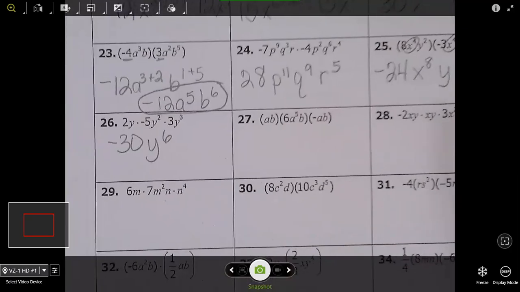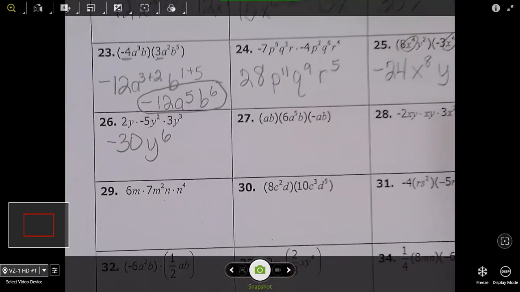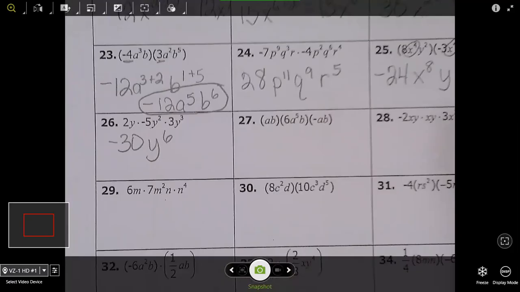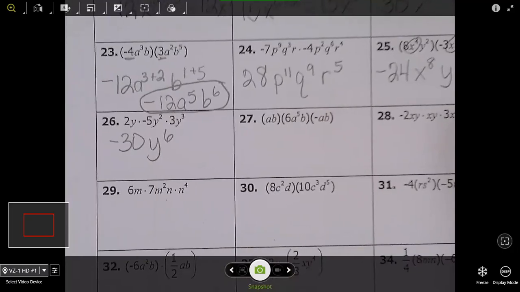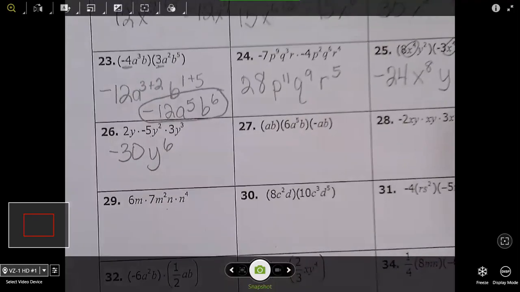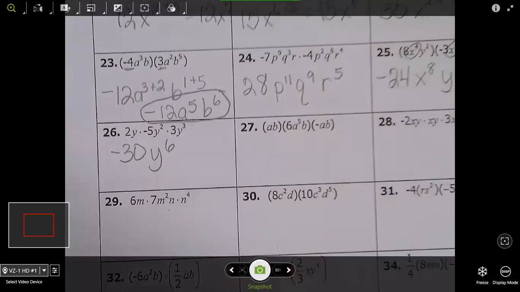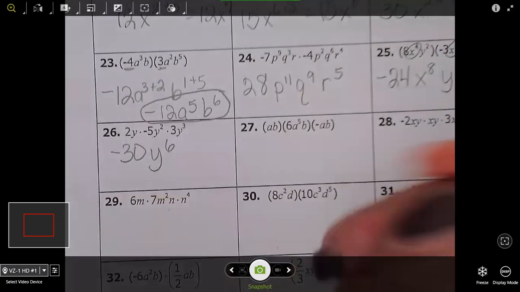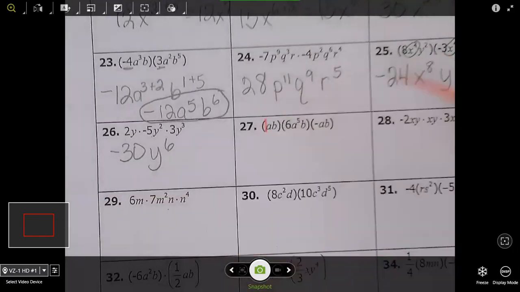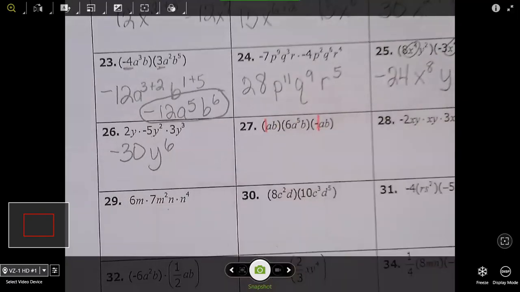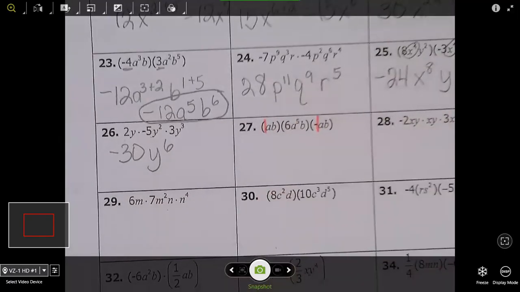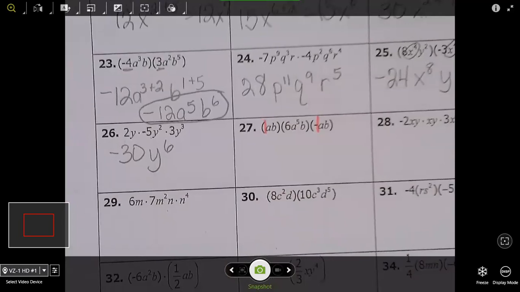27. I would like for someone to explain that. Is there anyone that thinks they could explain it? Okay, I'll explain it. All right, so this one right here, the AB, has a coefficient of 1. Then I have a 6 and a -1. So somebody tell me what 1 times 6 times -1 is.